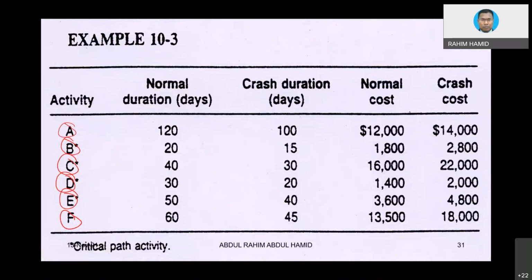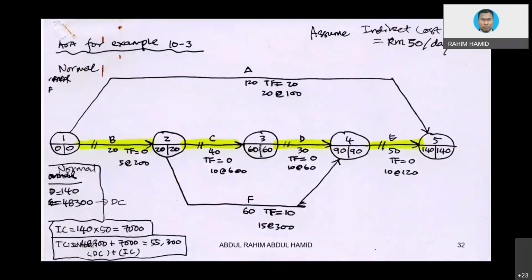For duration, you are going to use this one, which is the normal duration. If you have the predecessor, you can use the AOA diagram. So you can develop the diagram, and get the project duration, the critical path, etc. So that would be the first thing first.